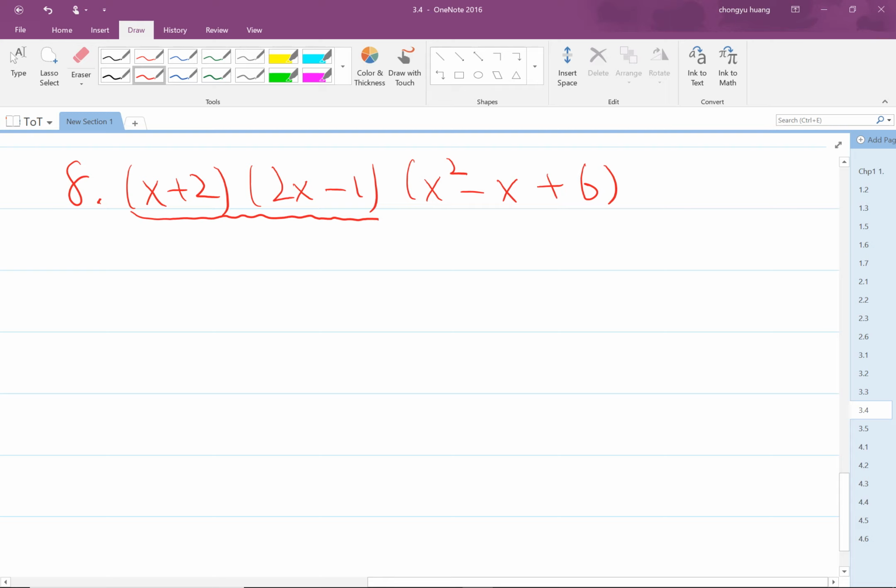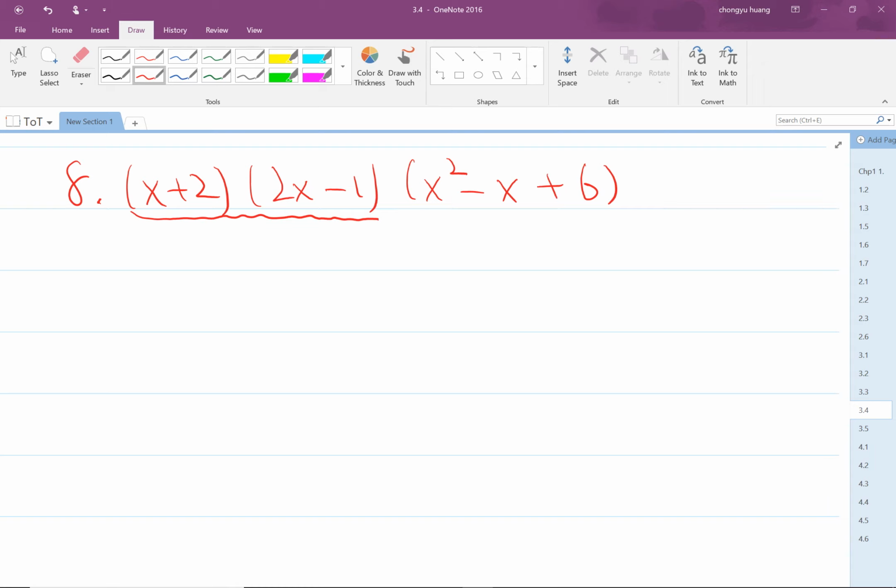the multiplication. The first thing is that we have to do the multiplication of the first two terms. Remember, before I said that you have to multiply all the numbers on one side by the numbers on the other side, right?